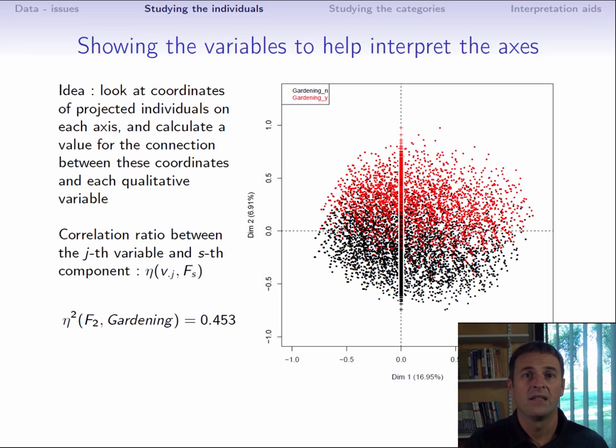And it must be said that a squared correlation ratio of 0.453 really does represent a good separation of the points from the two categories. The square of the correlation ratio between gardening and the first dimension is 0.047. This is quite small, and as we can see on the plot, the projections of the red and black points seem to be quite mixed. There is no real separation between them.